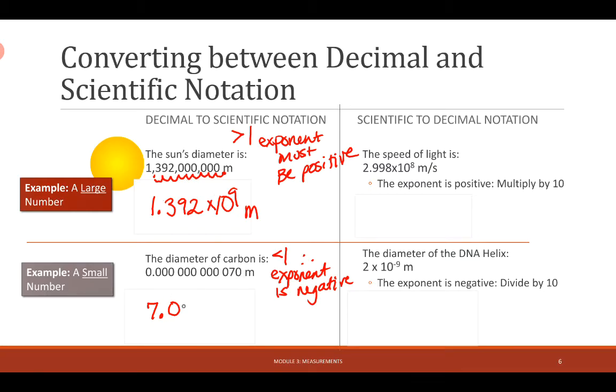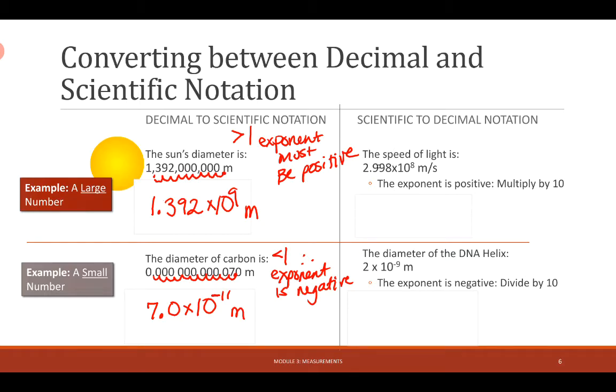But that is 7.0 times 10 to some power. I know that 7.0 is much larger than all these zeros and then 7.0, so I'm going to have a negative exponent of 1, 2, 3, 4, 5, 6, 7, 8, 9, 10, 11. So that's 10 to the minus 11 meters. The diameter of a carbon atom is 7.0 times 10 to the minus 11 meters.